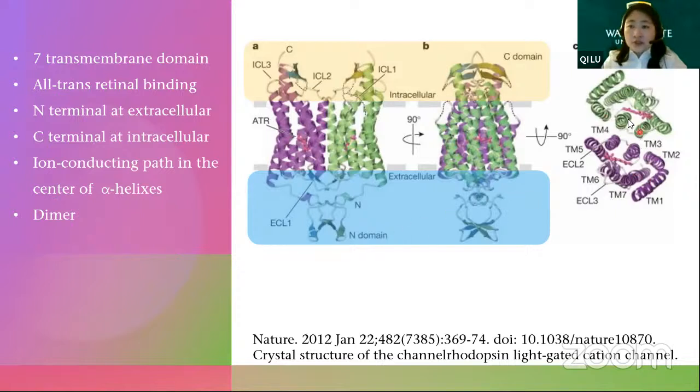And this magenta color is the all-trans retinal bound in the center of the channelrhodopsin, forming a Schiff base with the channelrhodopsin protein. The N-terminal is at the extracellular side, the C-terminal at the intracellular side, and the ion conductance is in the center of the 4 alpha helices.